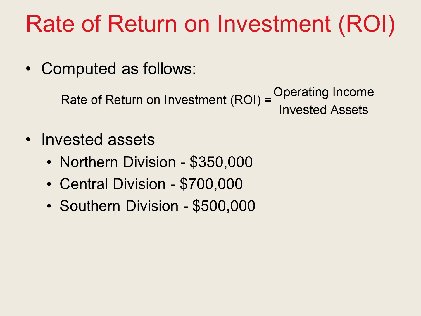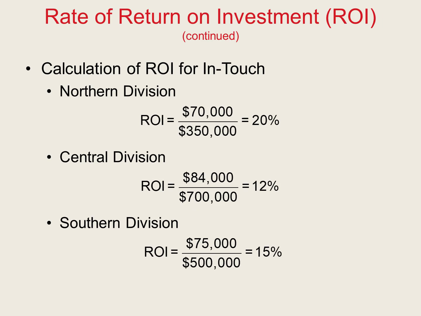The first measure of performance that we will consider is the return on investment. In the return on investment, we are considering the net income in comparison to the contributed capital. So let's now calculate the return on investment for each division.